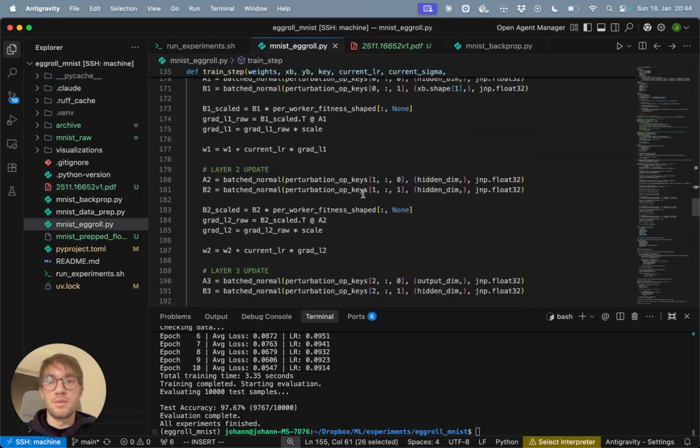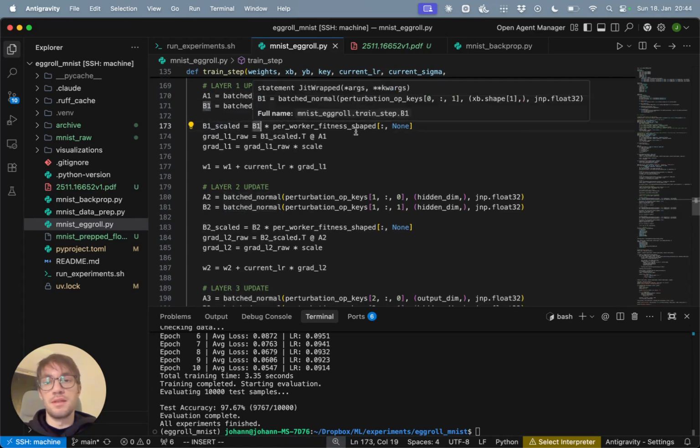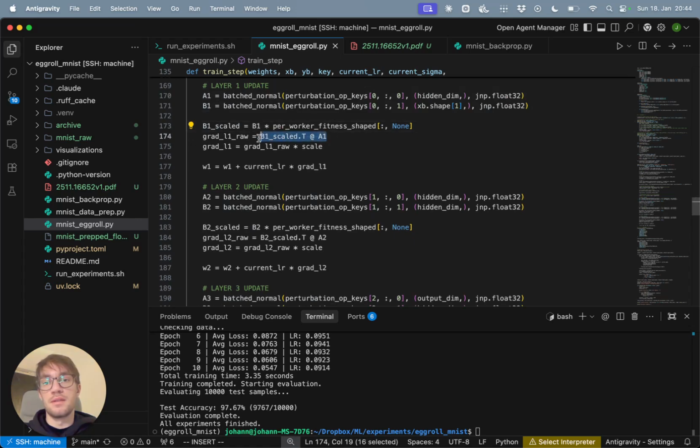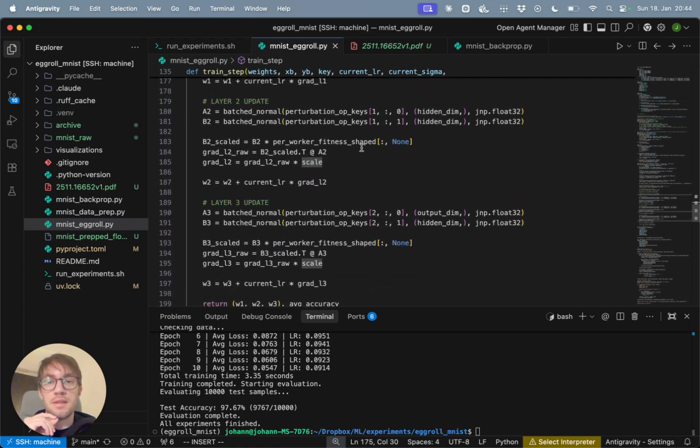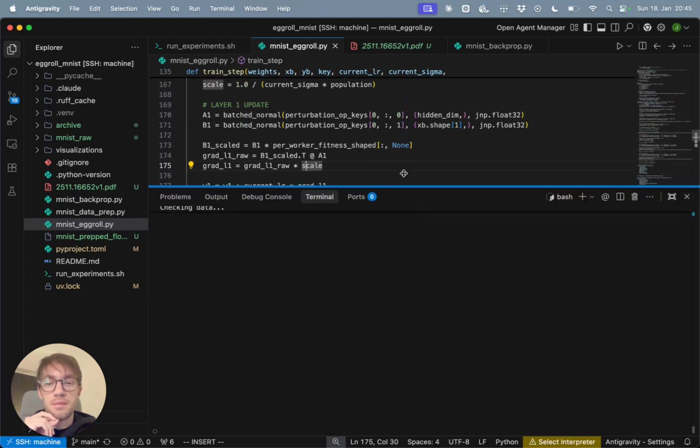That's what I did here in the update. I'm reconstructing A and B batched over the population, weighting by the fitness scores, then doing the matrix multiply and scaling, because we have to take care of our normalization in ES. Yes, that's basically the main idea.